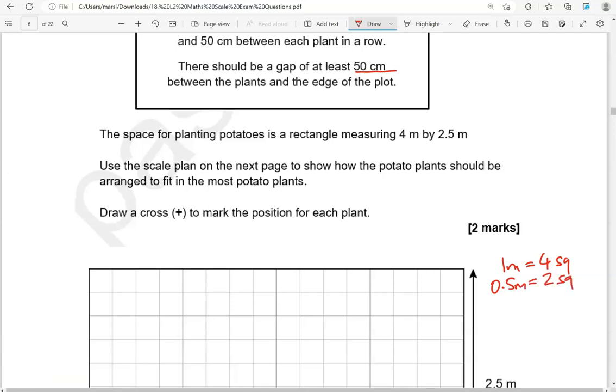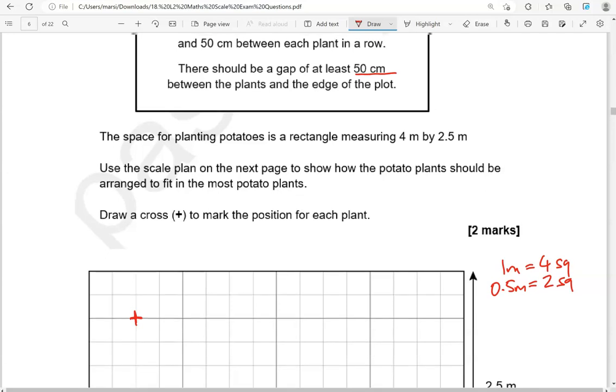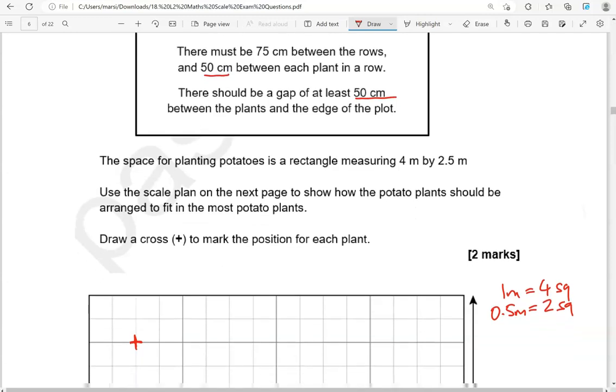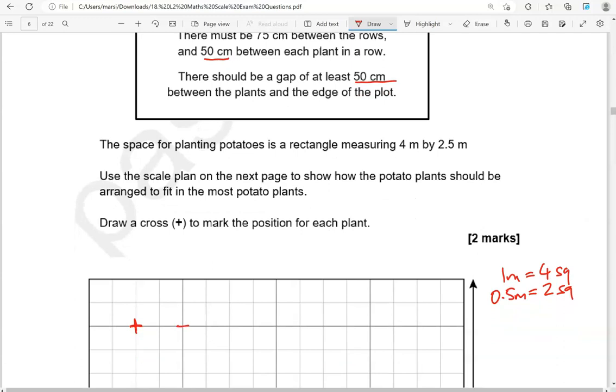So 2 squares each way. So we could plant a potato here, and then we've got 50 centimeters between each plant in a row. So we can continue like this, keeping a space of 2 squares in between the plants.